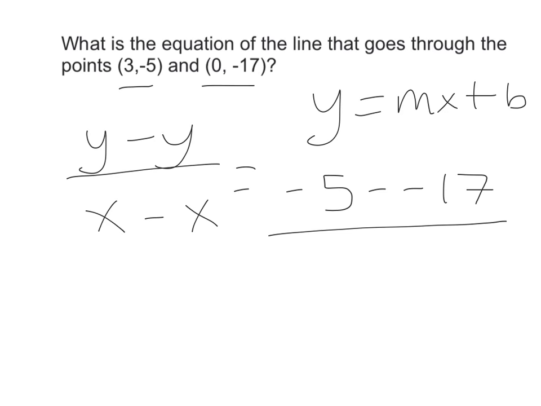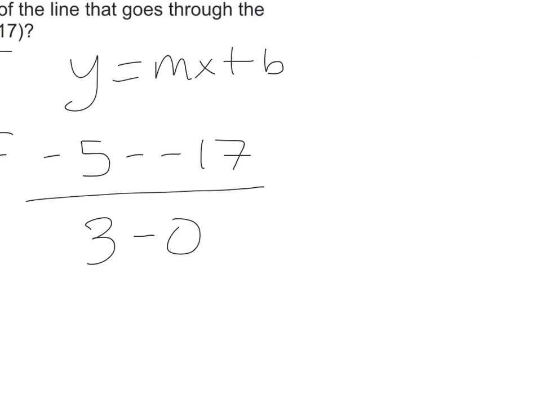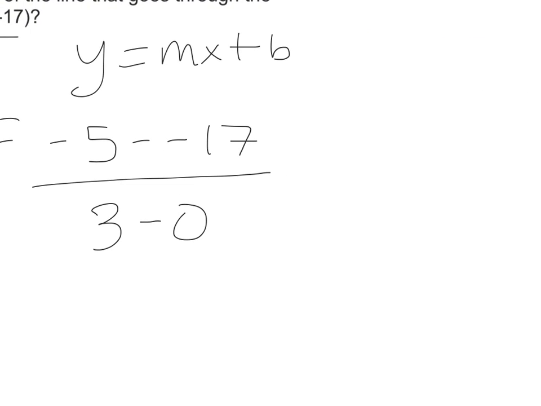That's going to be over, well, if I started with this -5 here, then I need to also start with my 3. So it's going to be over 3 minus 0. I'm just going to move this to the side so we can continue. -5 minus -17. Well, we know these negatives become a plus, so this becomes -5 plus 17.